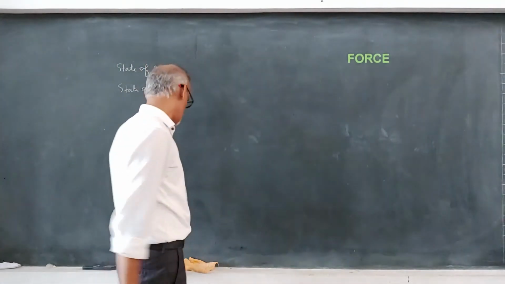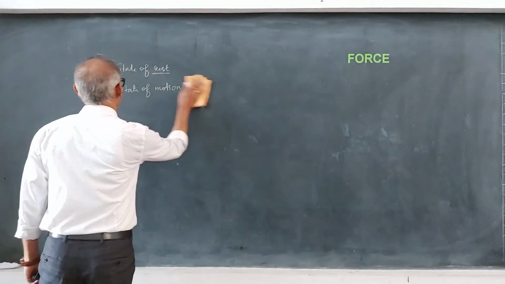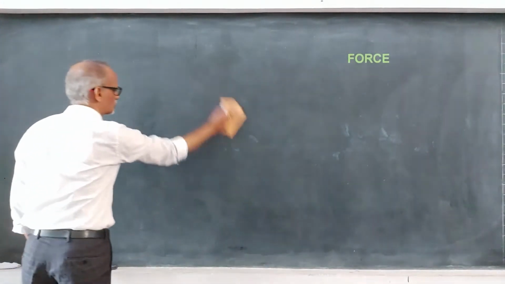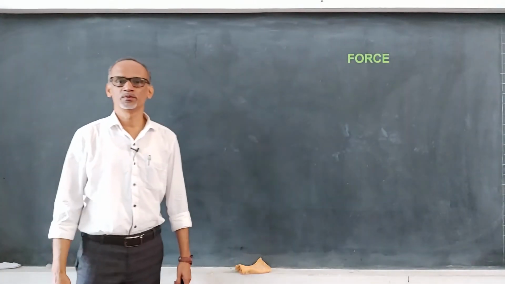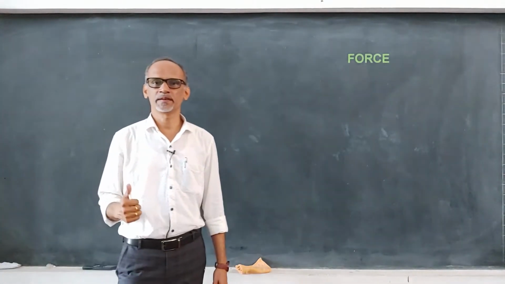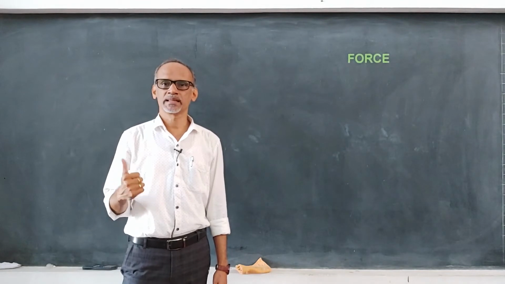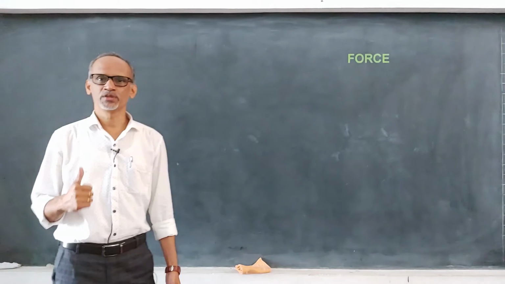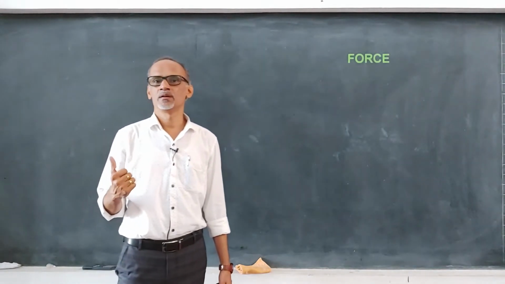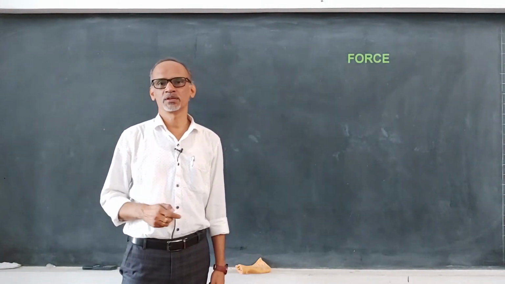So, what is force? Force is that external agent which, when acting on a body, changes the state of rest or state of uniform motion of a body along a straight line.